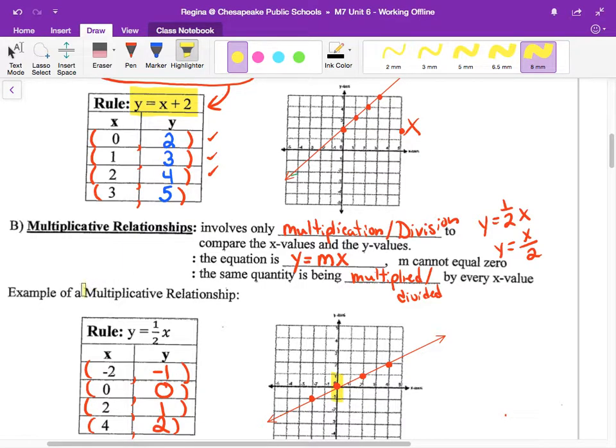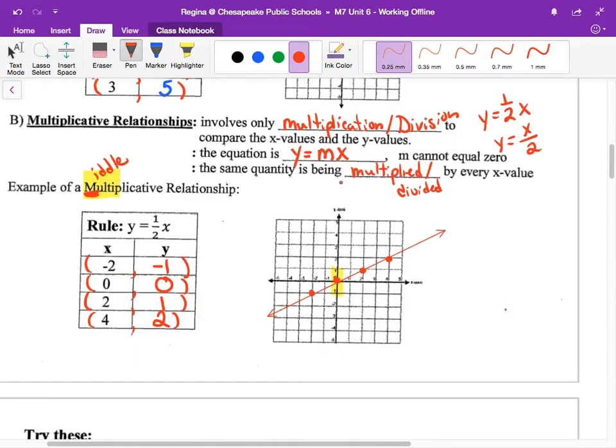All right, look. Multiplicative and middle. If it's multiplicative, the line is always going to go through the origin, the middle, the origin. That's multiplicative. If it's additive, it's never going to go through the middle. It's never going to go through the middle. All right, so that's one way you can tell which one is which.